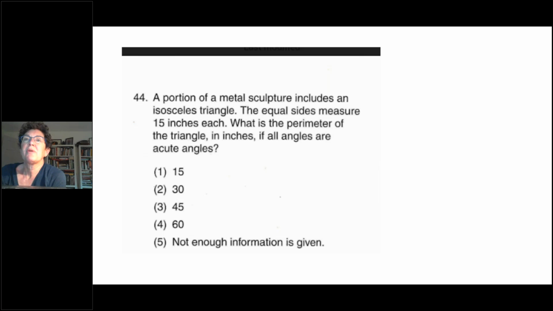A portion of a metal sculpture includes an isosceles triangle. Well, that's the first thing I'm thinking about. What is an isosceles triangle? If you remember from a geometry unit that you did, an isosceles triangle has two sides that are the same.